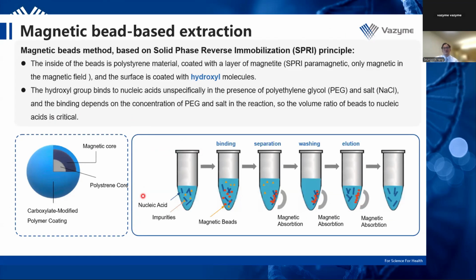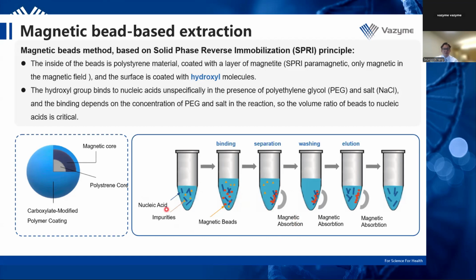In the presence of PEG, polyethylene glycol, and salt, the hydroxyl groups bind non-specifically to nucleic acid, and the strength of this binding depends on the concentration of the PEG and salt. That's why the volume ratio between the beads and the nucleic acid is so critical for efficient extraction.